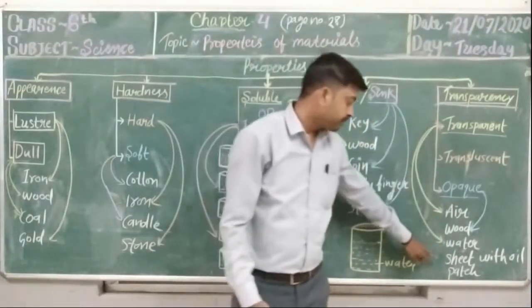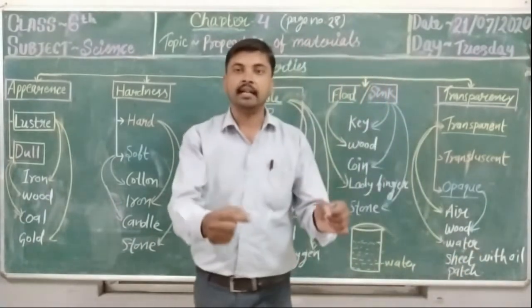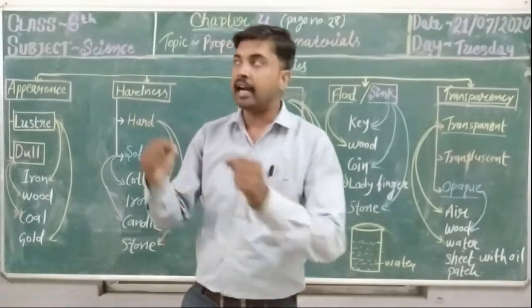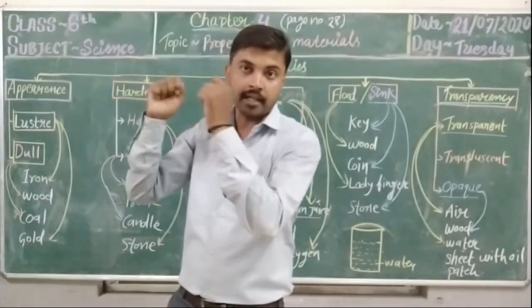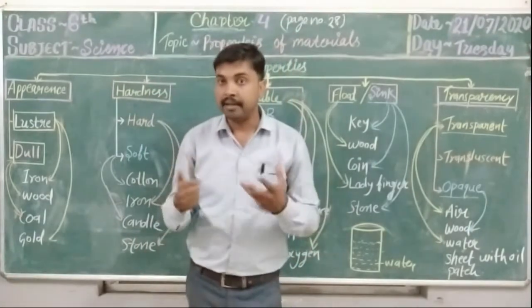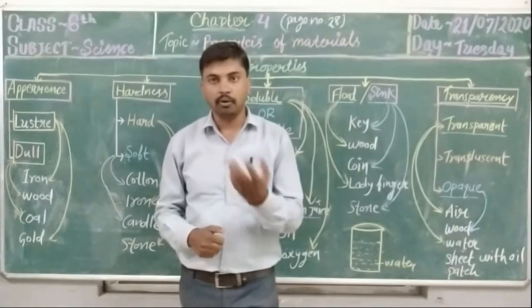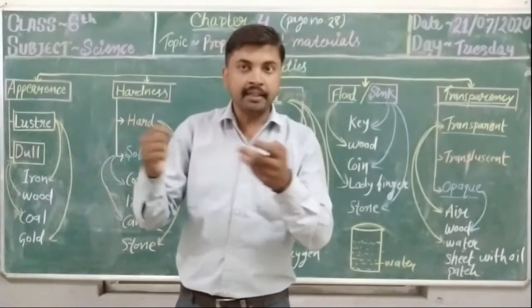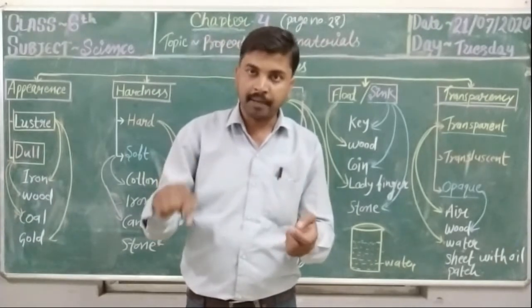And the last one, sheet with oil patches, means we take a paper sheet and try to see the bulb across the sheet of paper. Okay, so can we see the bulb across the paper? No. But then we take the sheet and spread some oil on that paper.